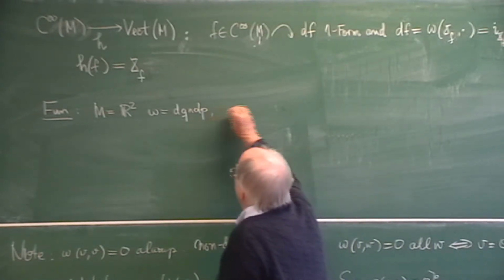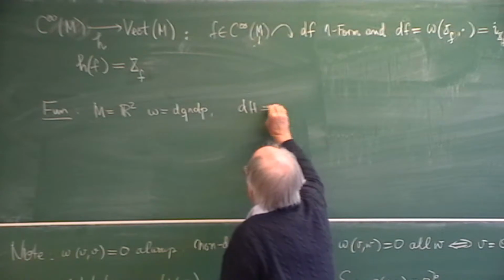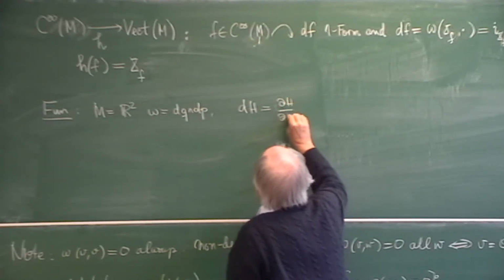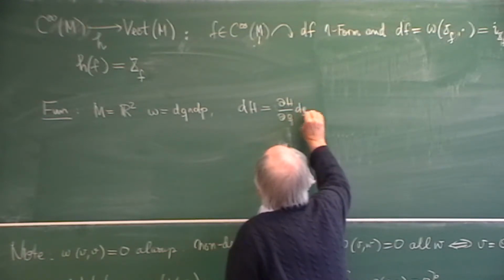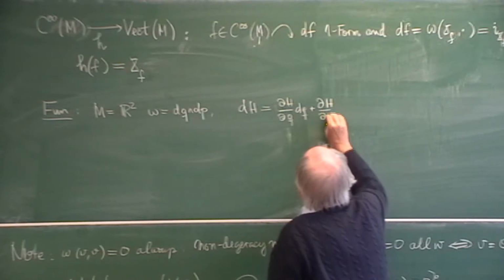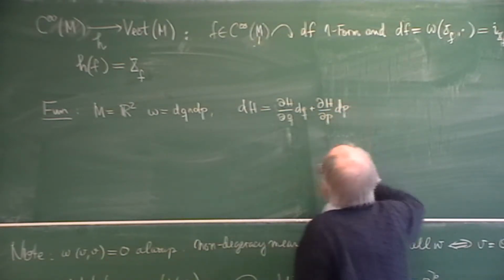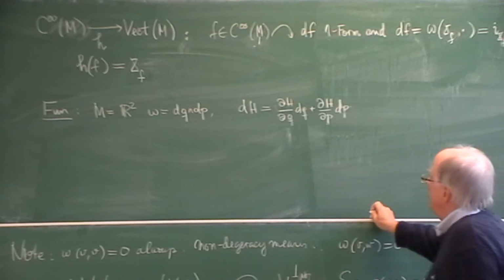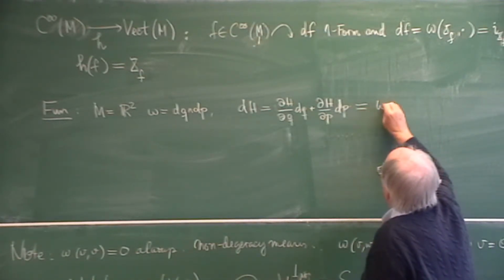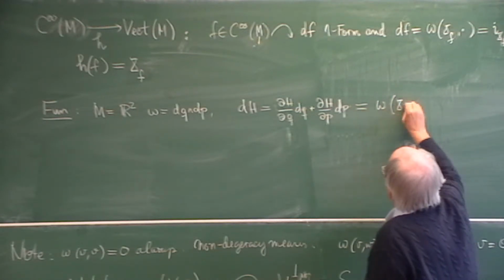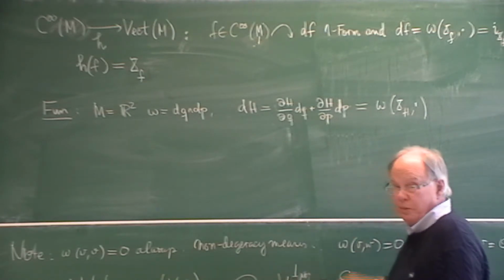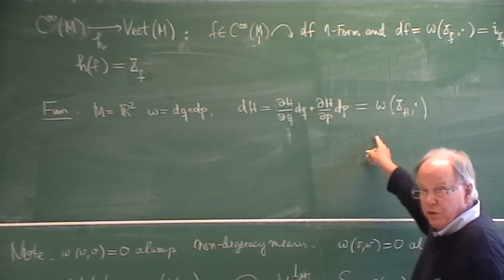And now dH equals partial h with respect to q dq plus partial h with respect to p dp. That's dH. And what that's supposed to be is you're supposed to put something in here, X_H, and get dH. You're supposed to find some field to put in there to get dH.